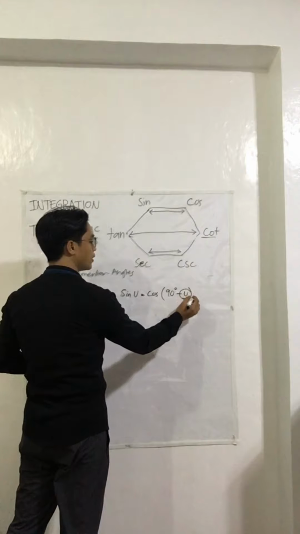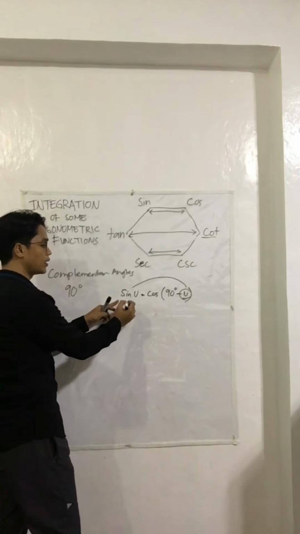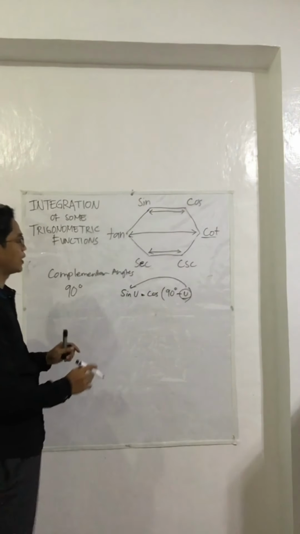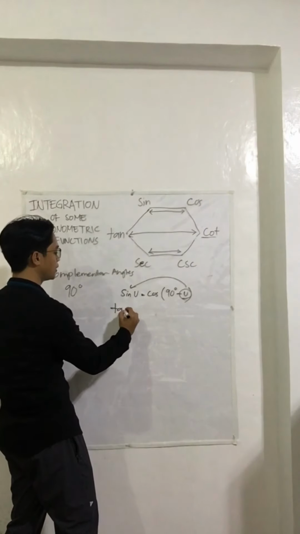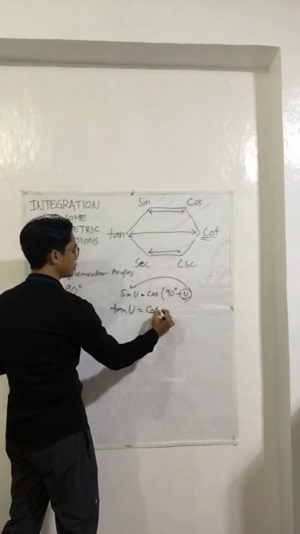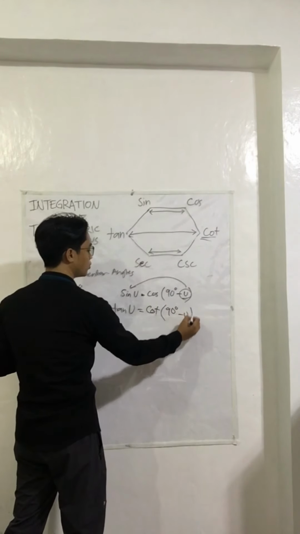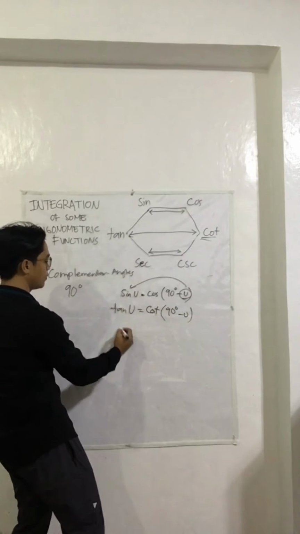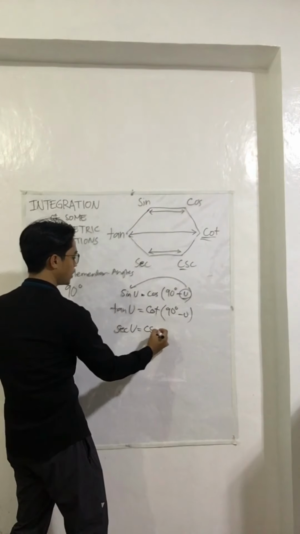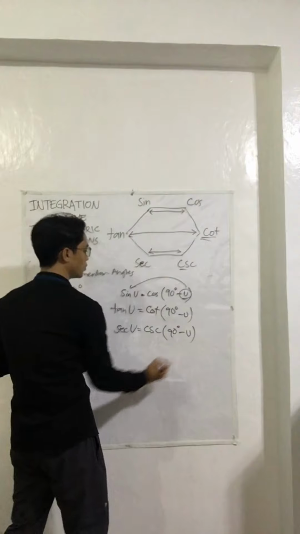Si u naman, siya yung kung ano man yung magiging result ni sine u. So parehas din kay tangent. Si tangent naman is equal to cotangent 90 degrees minus u. And same with secant u is equal to cosecant 90 degrees minus u.